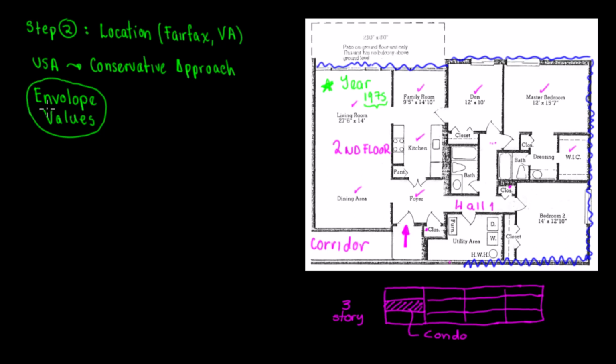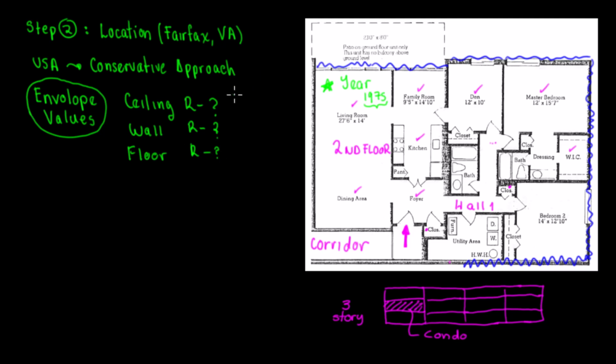In this case, what we're saying is we need the ceiling R value. We don't know it. We need to obtain the wall R value. We need to obtain the floor R value, right?